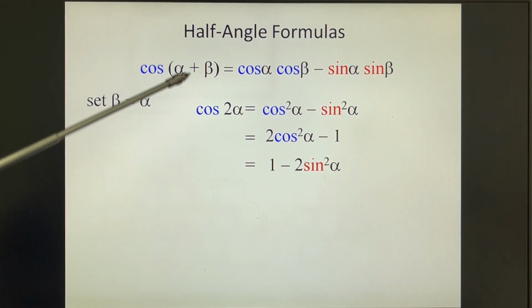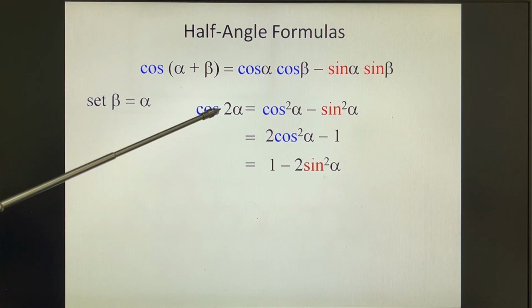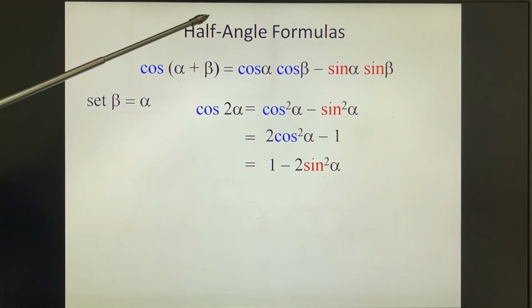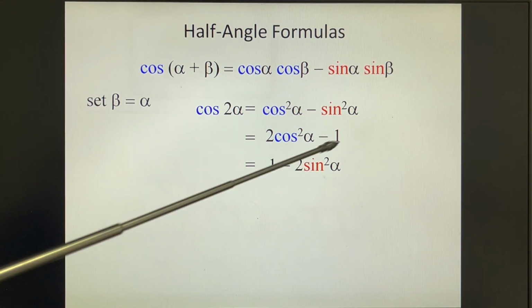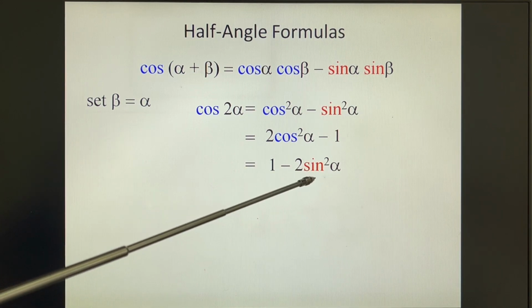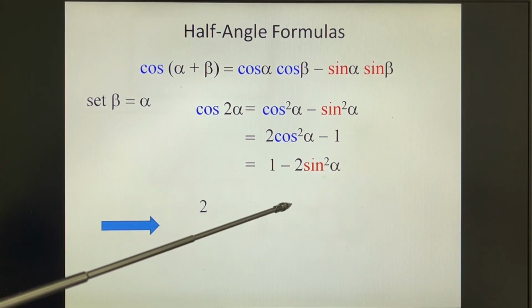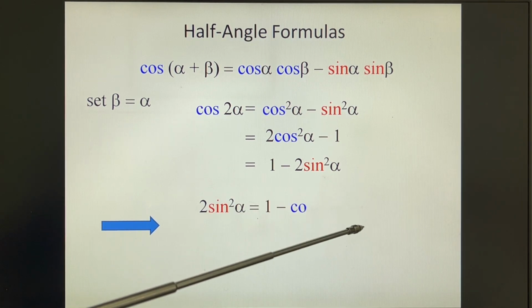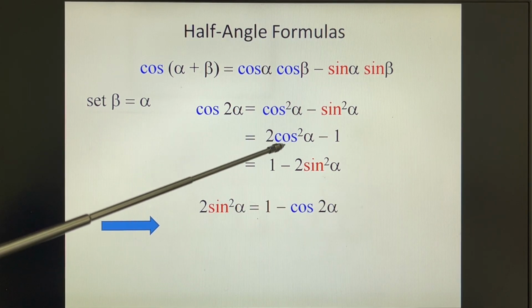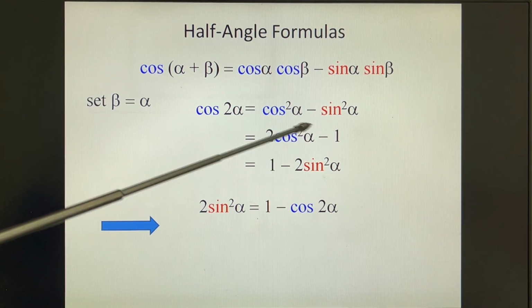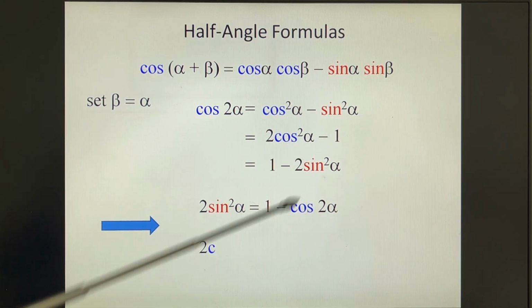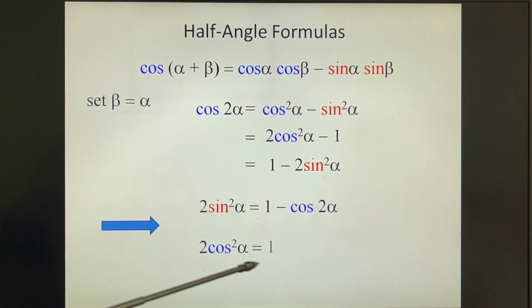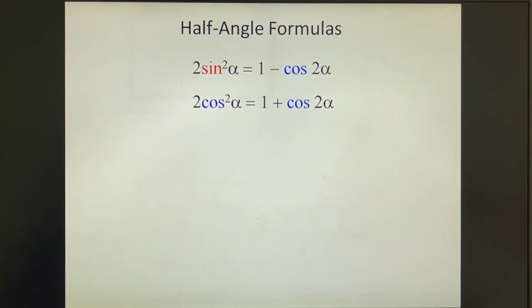Also equal to 1 minus 2 sine squared alpha. Now, this is a double angle. We want to find a half angle. What we do, we rewrite this formula. 2 sine squared alpha equals 1 minus cosine 2 alpha. 2 cosine squared alpha equals 1 plus cosine 2 alpha. Now, we want to go back.